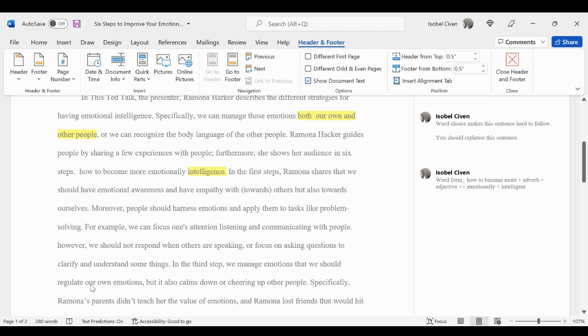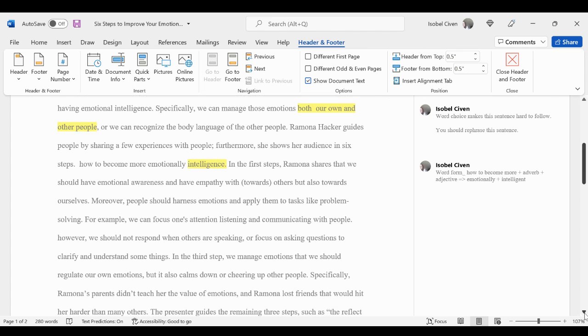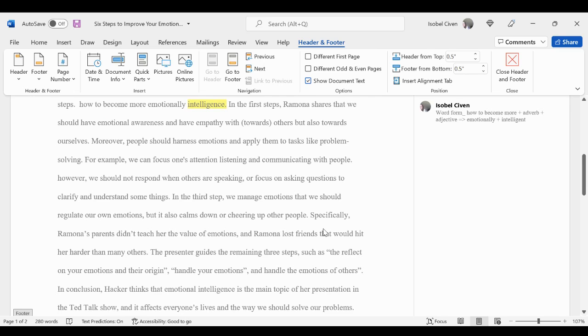So maybe that's why the student used the author of the video's first name. Okay, and you notice also that the student also uses simple present tense to tell what is happening in the video.